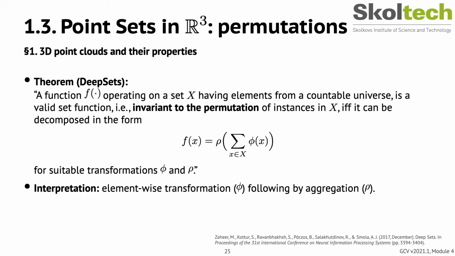To mathematically formulate the requirements that a function f must satisfy to be permutation invariant, let us consider the following theorem describing the simplest case. A function f operating on a countable set x is invariant to the permutation of instances in x if and only if it can be decomposed in the form where each element from the input set is first transformed using the same mapping phi, and contributions of individual elements are aggregated thereafter with a mapping rho.